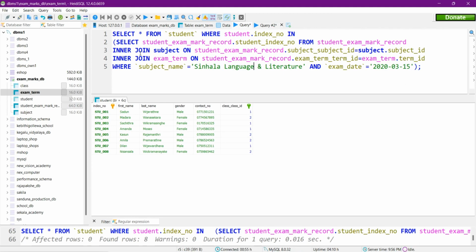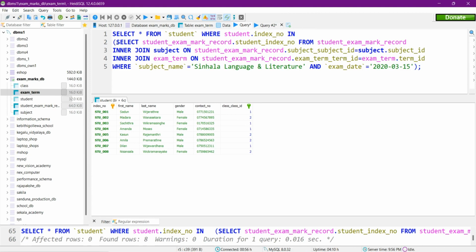In this question, we were told to find the details of the students. So I have selected all details of the student from the student table, and I have specifically given the index number, so it's easy to identify the students.